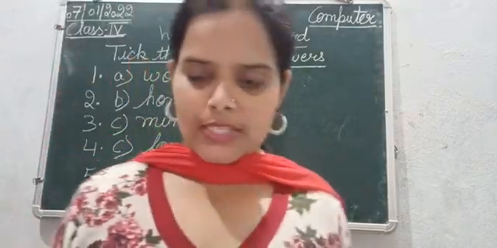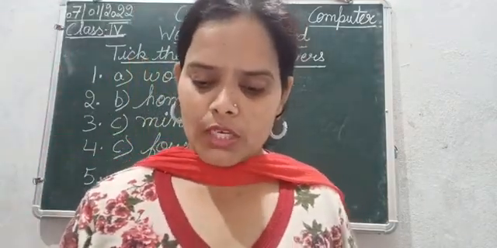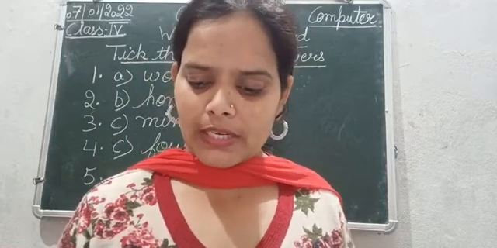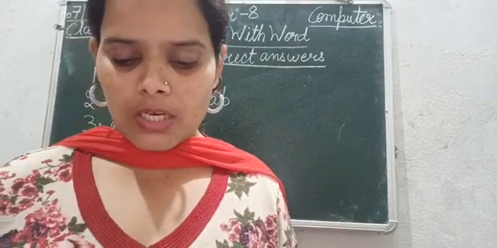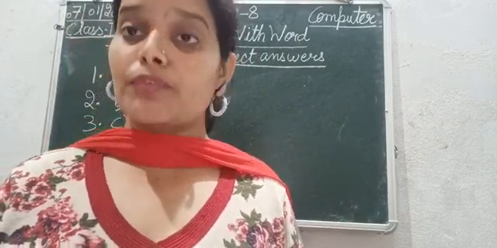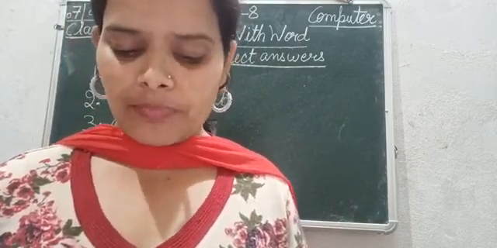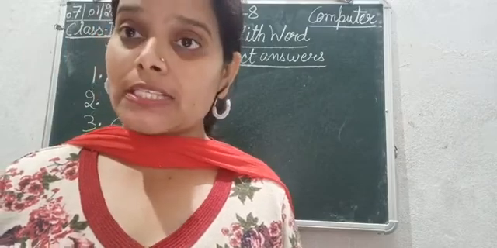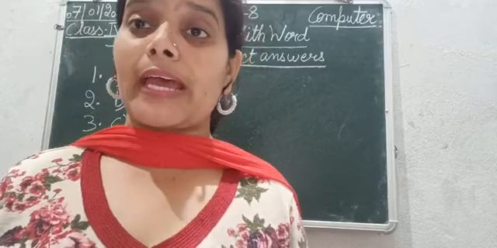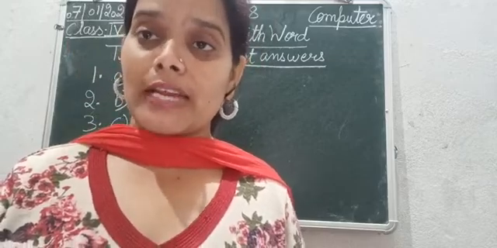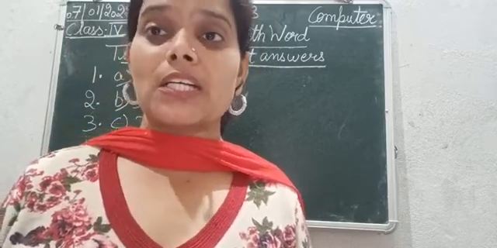Moving next to the fifth one. The fifth is, shape command is available under. So you can insert different shapes in which tab? Home tab, insert tab or review tab. In the insert tab we can insert different shapes, and that shape command is available in the insert tab.